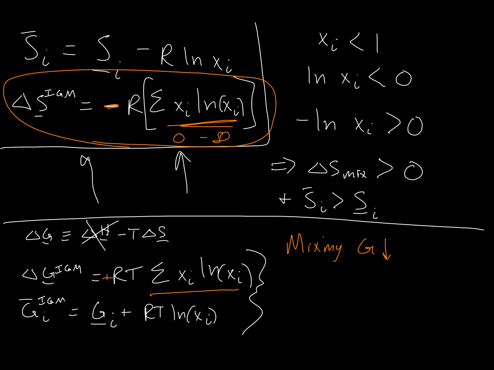So if I put one molecule in this room, it's effectively an infinite area for that molecule to move around in. What this equation is saying is that if I put in x of i equal to effectively 0, that means I am gaining effectively an infinite amount of entropy for that particular compound.